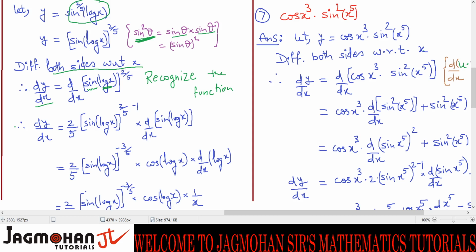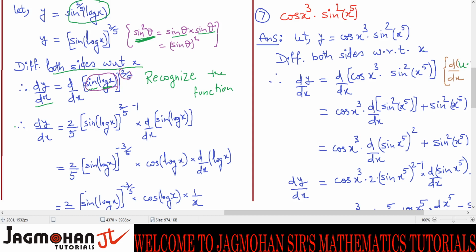So the outer function, the main function here, wherein we will apply the result, is variable raised to constant. What I want you all to understand is this part becomes the variable. See, this base is variable, and then the power is constant.